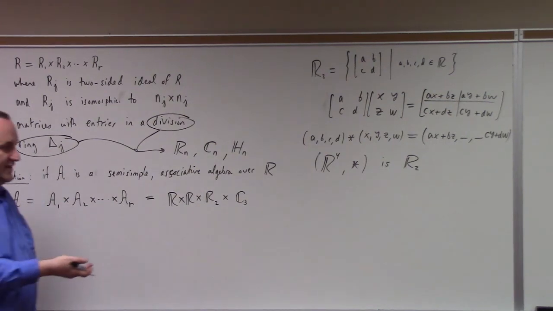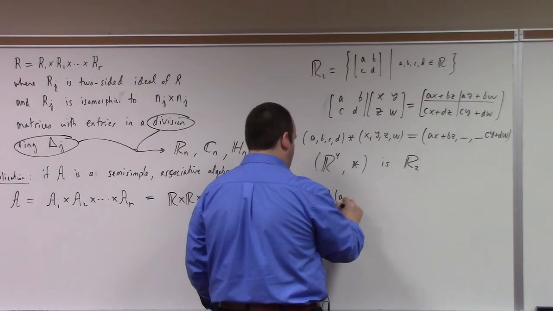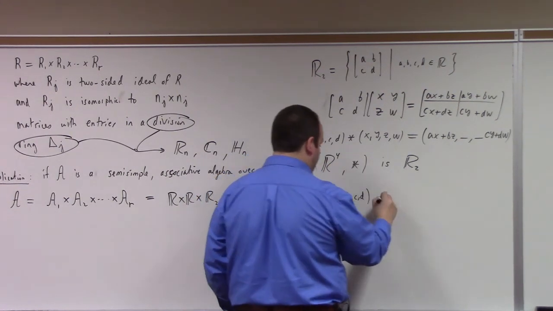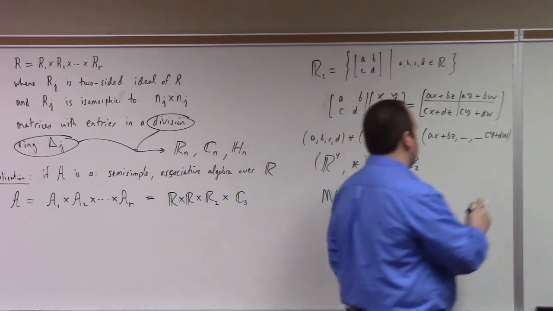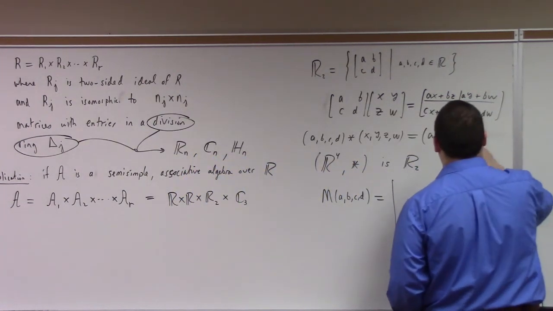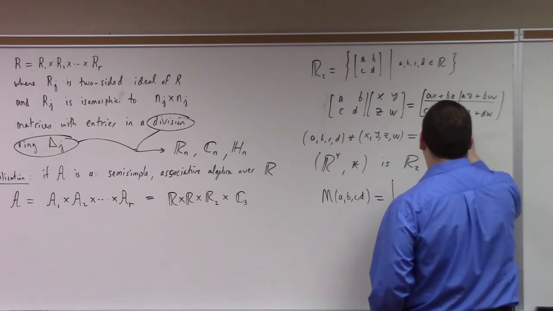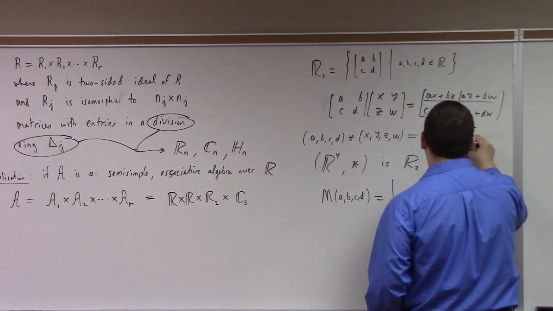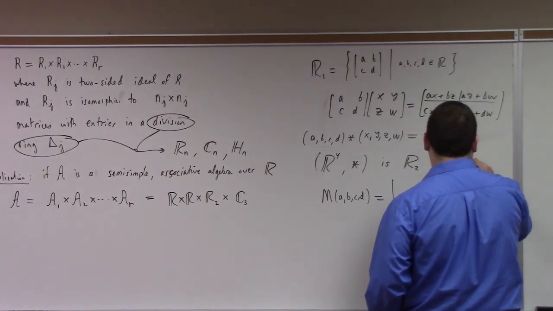The regular representation then, like what is the matrix of A, B, C, D? It'll be helpful for me to write these out. Actually, let me write this out in a little bit more suggestive way. AX plus BZ, AY plus BW, CX plus DZ, CY plus DW.